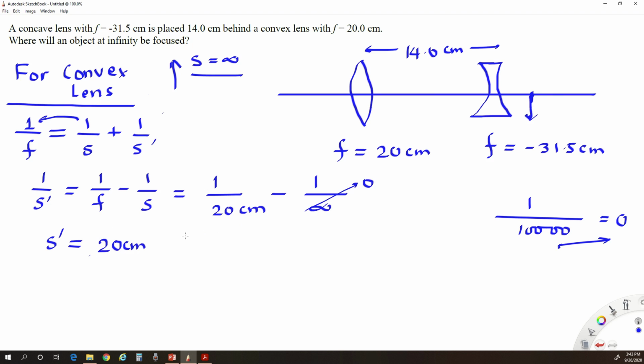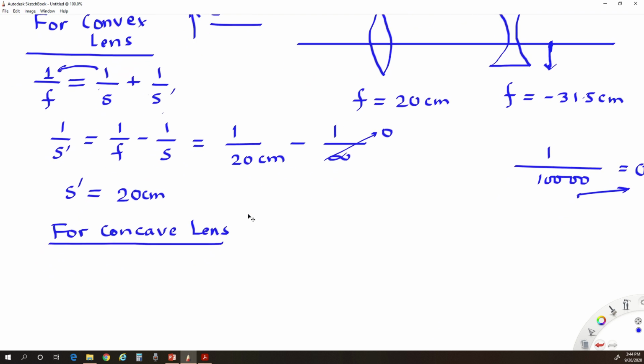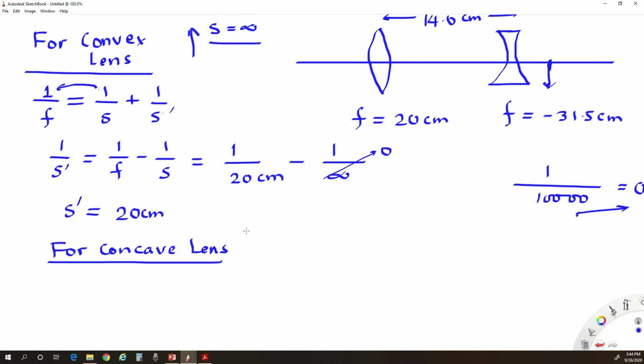Now let's deal with this concave lens. The image of this convex lens would now be the object for this concave lens. Okay, so this is the image formed by the convex lens, but now it's the object for this concave lens.